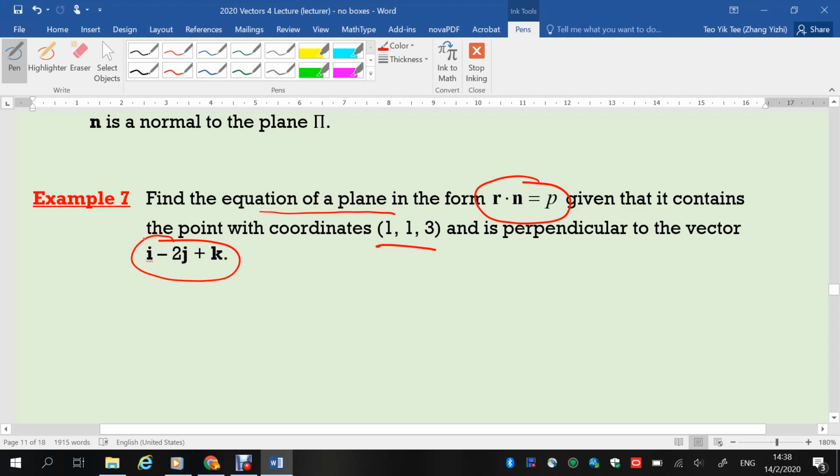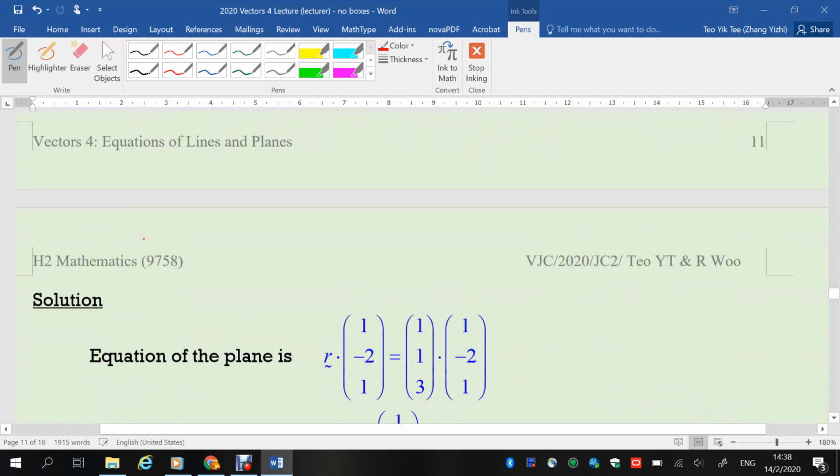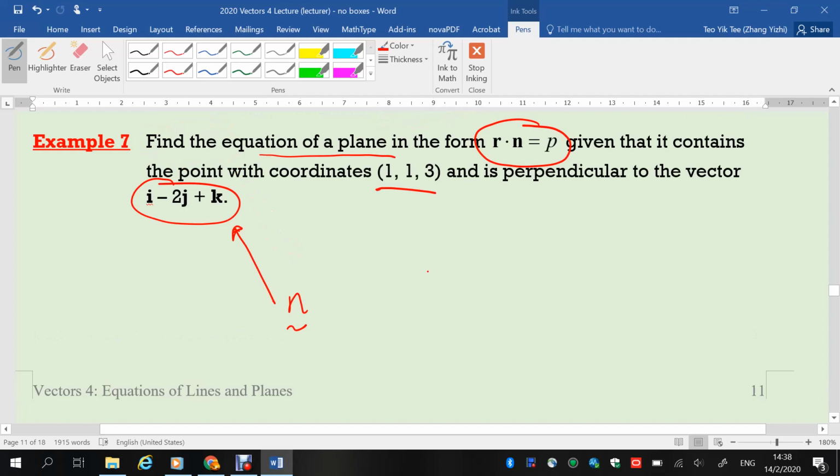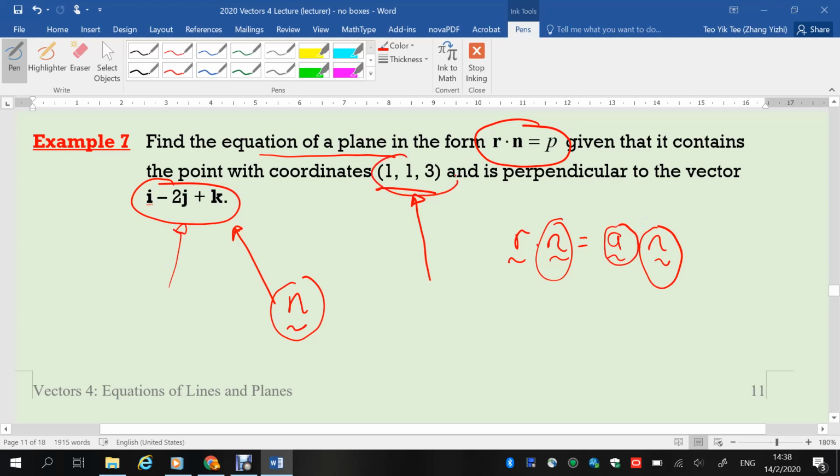So the normal vector of the plane must be this 1, minus 2, 1. And a point on the plane is 1, 1, 3. Remember, this is the form of your equation of a plane in the scalar product form. n, which is here, is 1, minus 2, 1. A is 1, 1, 3.